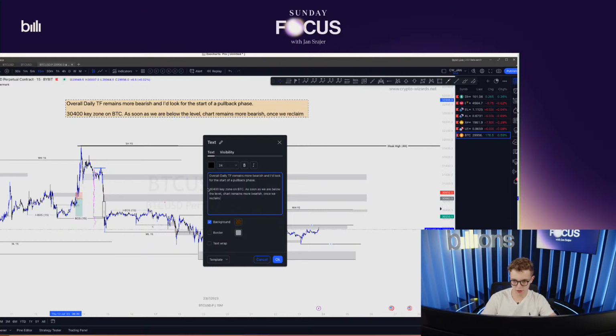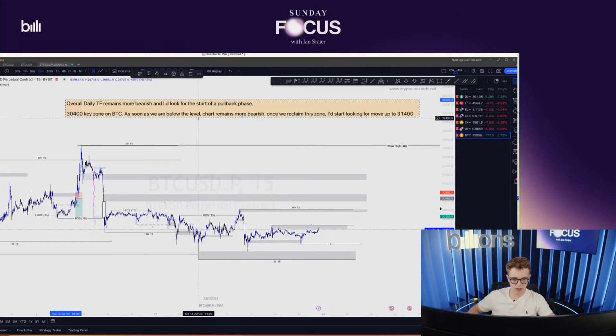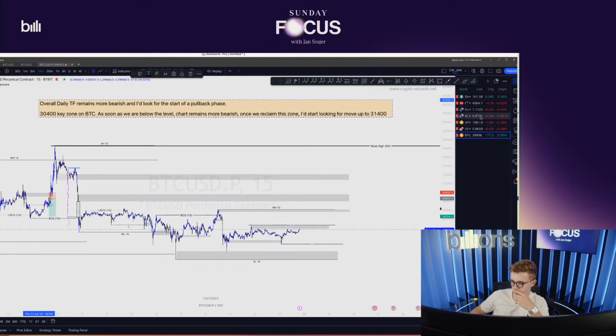Once we reclaim this zone, I'd start looking for a move up to 31,400. This is basically on BTC.